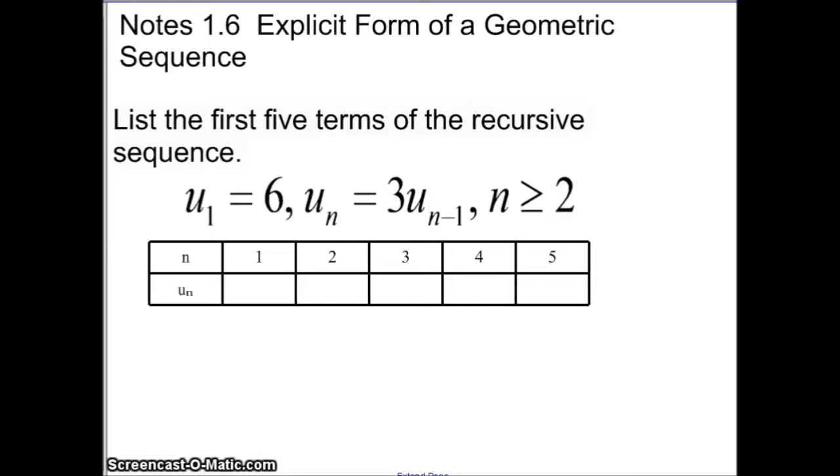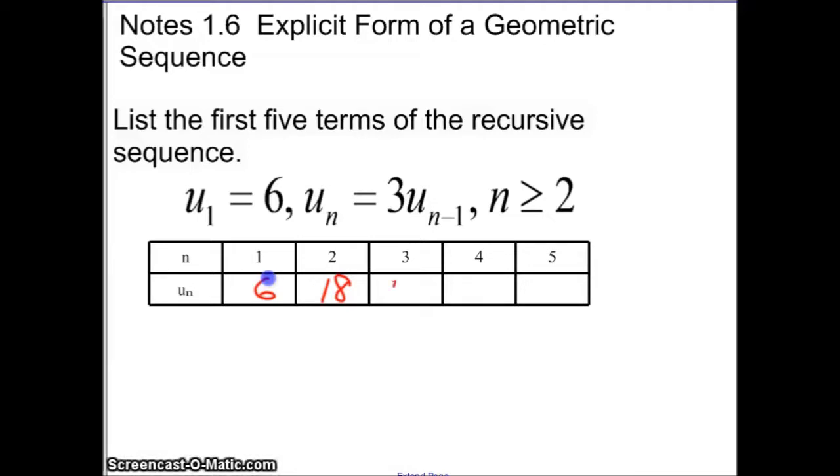So it's shown that the first term is 6. And to find the second term, I'm going to multiply that by 3, which is going to give me 18. And I'm going to go get my calculator. To get the third term, I'm multiplying 18 by 3.